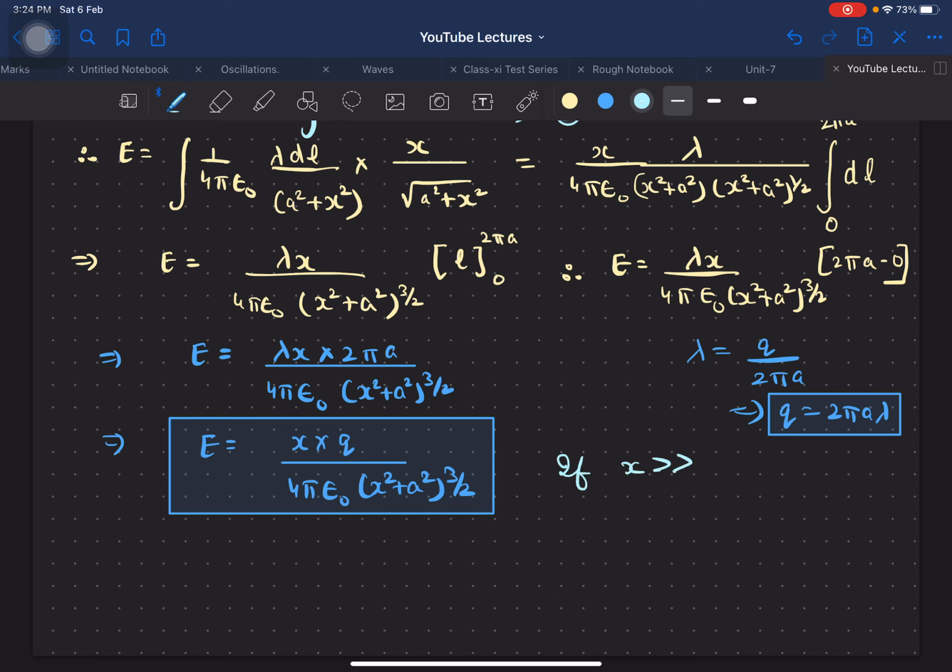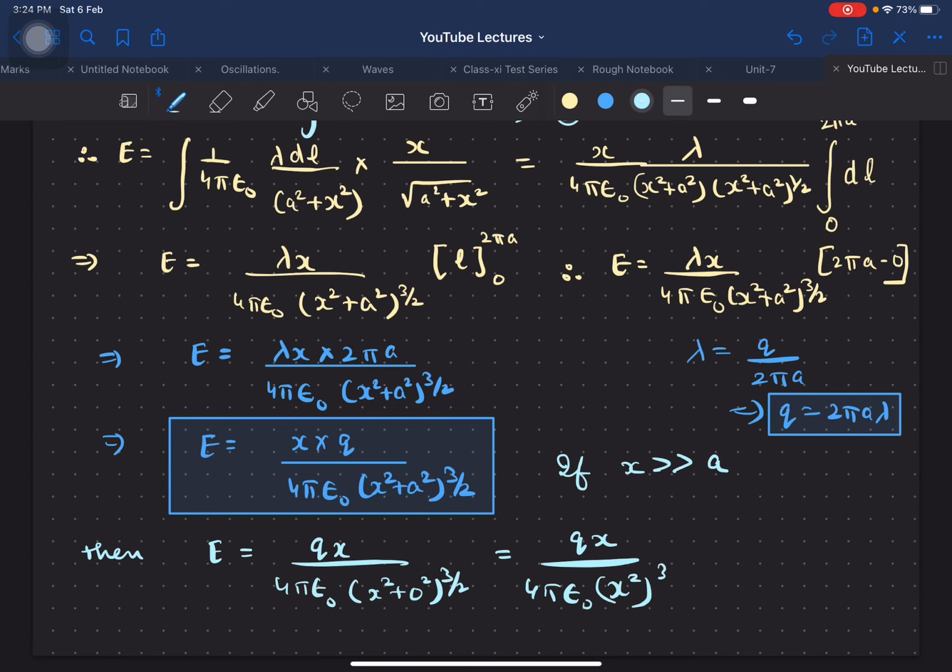that means x is very large in comparison to a, then we have E equal to qx upon 4 pi epsilon naught (x square plus 0 square) whole raised to power 3 by 2. That is, we have just ignored a over here, so we will be left with qx upon 4 pi epsilon naught (x square) whole raised to power 3 by 2.